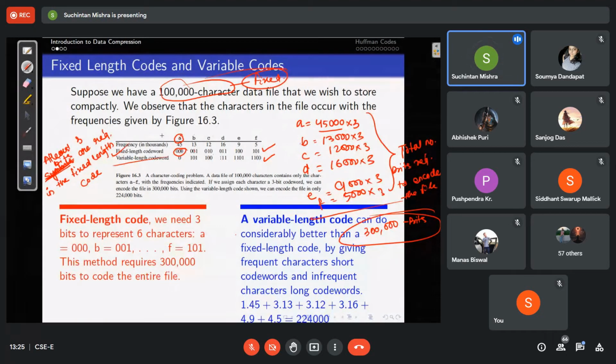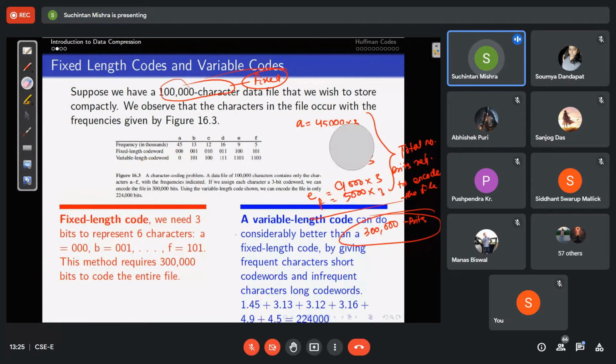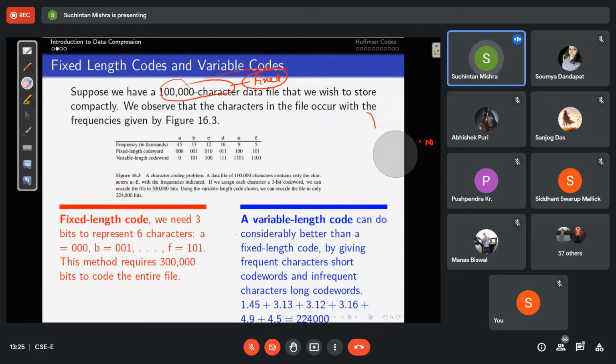Now let us go to the same example and calculate the number of bits required using a variable length code. A is occurring 45,000 times, and only 1 bit is required. B is occurring 13,000 times, and 3 bits are required.